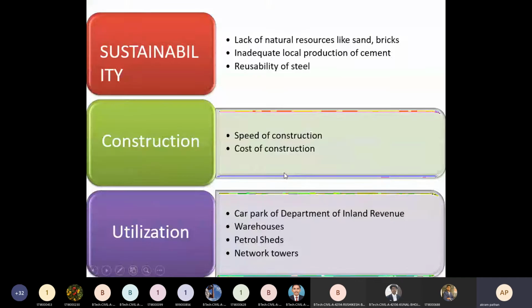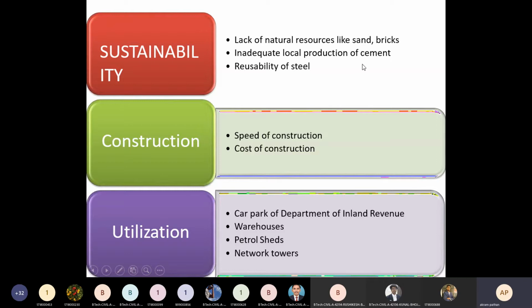Sustainability means lack of natural resources like sand or bricks. So in case of RCC structures, there will be a possibility of lack of natural resources such as sand or bricks, and inadequate local production of cement.